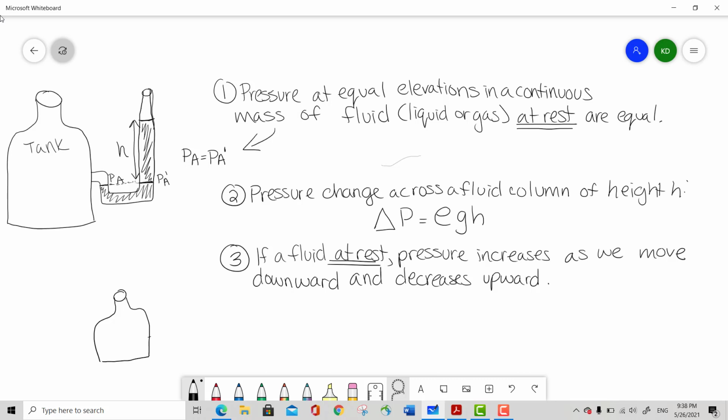You can have it like this and like this. You could have a couple of them. You could have more than this. So a fluid at rest, this really needs to come up here like this. If you've got a fluid at rest, pressure increases as we move downward. So pressure is increasing as we move down, and then pressure decreases as we move up.